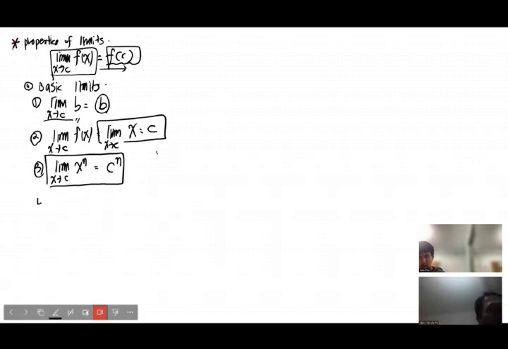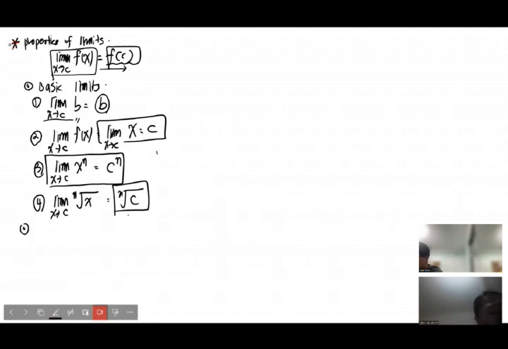Number 4, the limit of x to the power of 1 over n, in case x goes to c, same thing, you need to plug c into the function f(x). So that has the solution of the nth root of c.